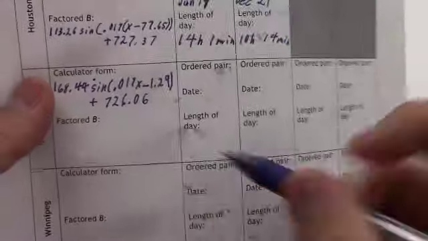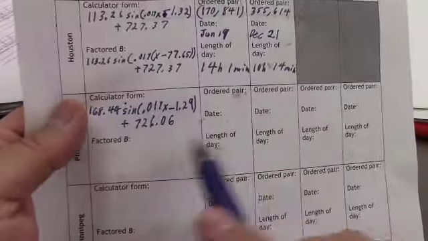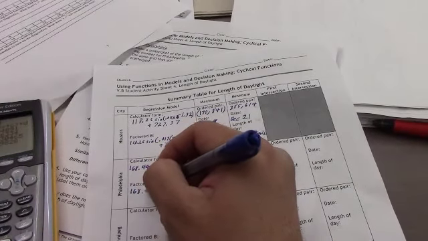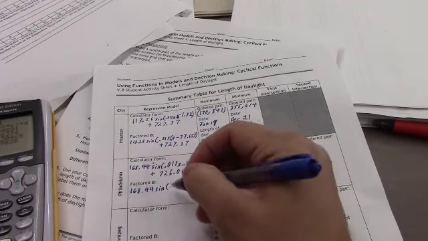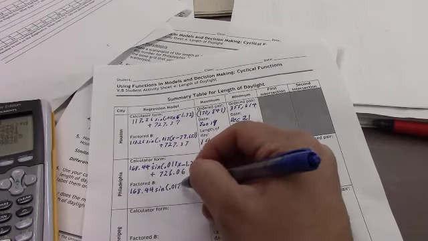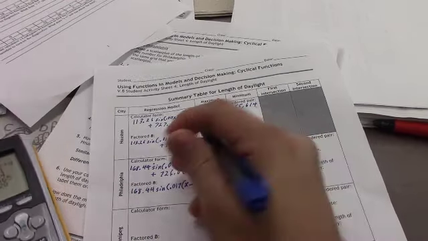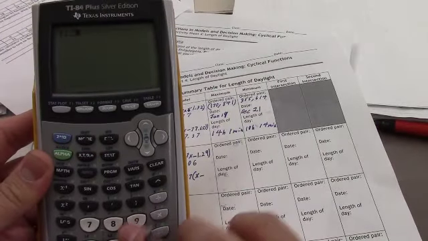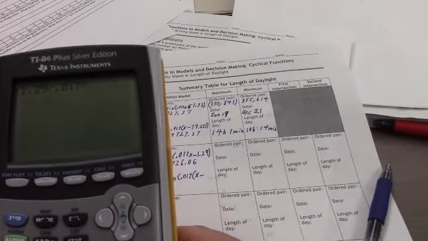So what I'm going to do in factor B form, I'm going to take this, I'm going to divide both of these by 0.017, and it's going to be factored out. So 168.44 sine 0.017, open parentheses, x, minus, so really all I need to do is just take 1.29 and divide that by 0.017.